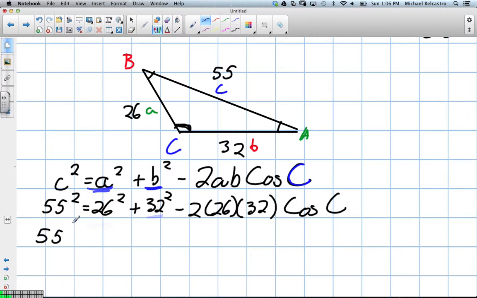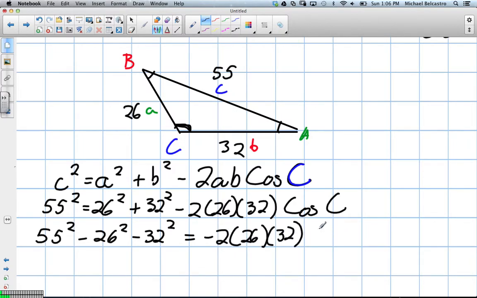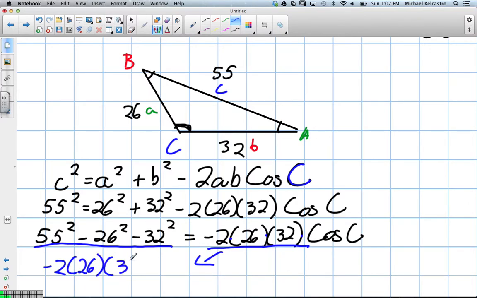So we'll have 55 squared, subtract 26 squared, minus 32 squared is equal to, this negative is still there, negative 2 multiplied by 26 times 32 times cos C. Because this is multiplication the whole way through, in order to move this part of the equation, we actually have to divide on the other side. Does that make sense to you? Yeah. So it needs to become divided by negative 2 times 26 times 32.